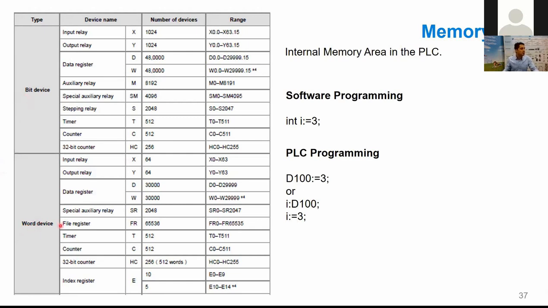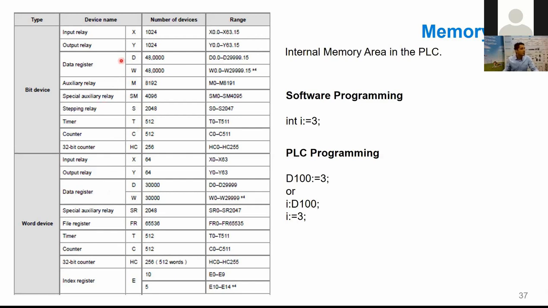And you see in the word memory, there are some memory areas which are the same. So it means that these memory areas can be used as a word or bit, okay? For instance, here we have an M memory area, which is not included in the word area. So M can be used as a bit only. So this is the hardware specification.